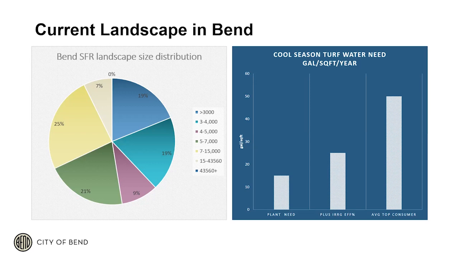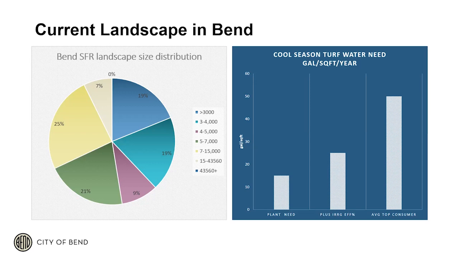If we add irrigation inefficiencies, or what we test when we do these inspections, so how much extra water we need to apply based off the efficiency of our irrigation systems, that number goes up to about 25 gallons per square foot. If you look at the folks that we're working with in the program, that average top consumer is applying about 50 gallons per square foot.